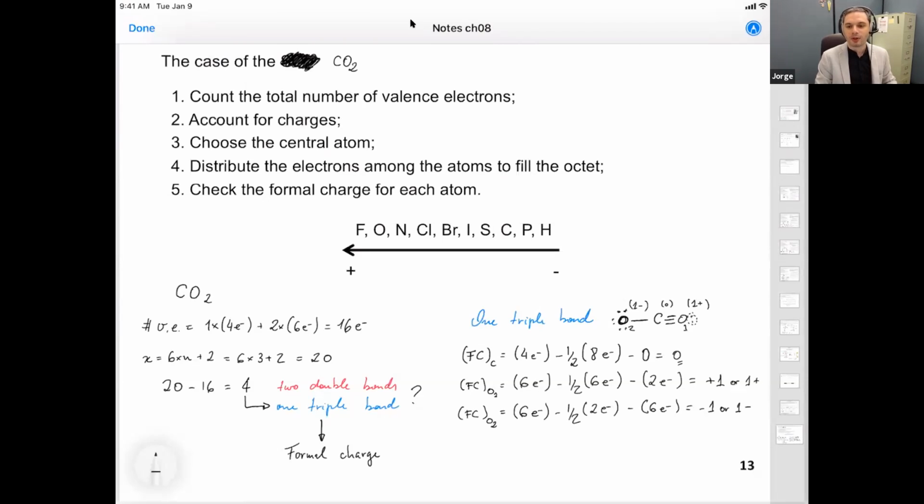Okay, so therefore we have charges that are different from 0, 1 minus, 1 plus, and even worse than that, the positive charge is located on the oxygen, which is the most electronegative.